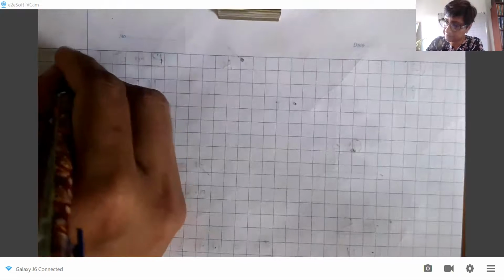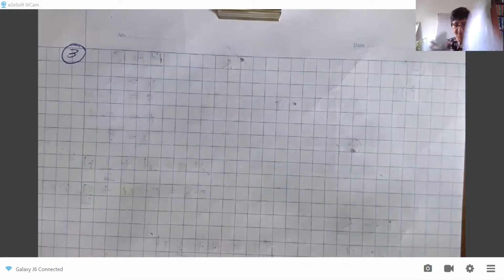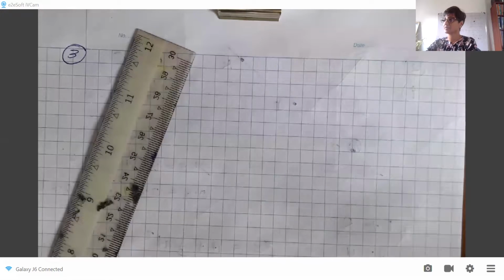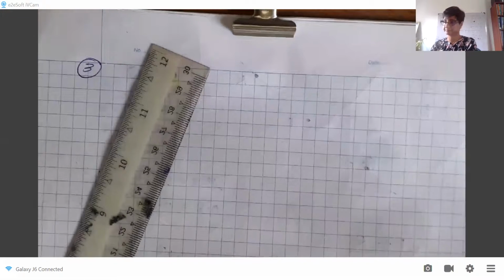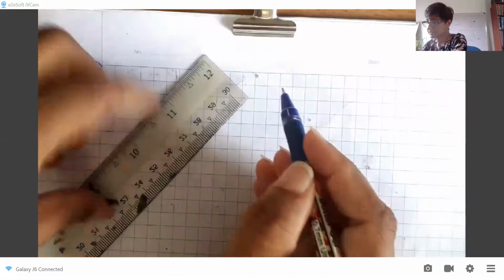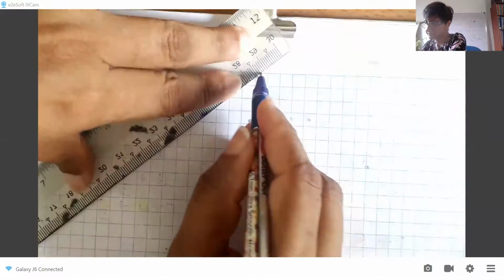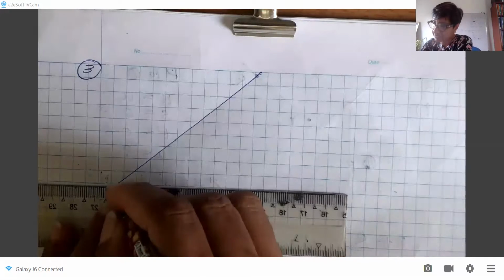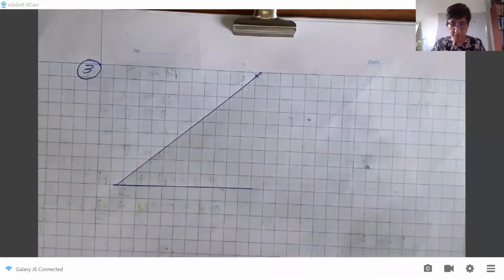Number 3. Let's say a block of mass 5 kg is being pulled by a rope up a rough plane inclined. So it's always about an inclined plane. So here's my inclined plane. Draw big diagrams. Do we know the angle?